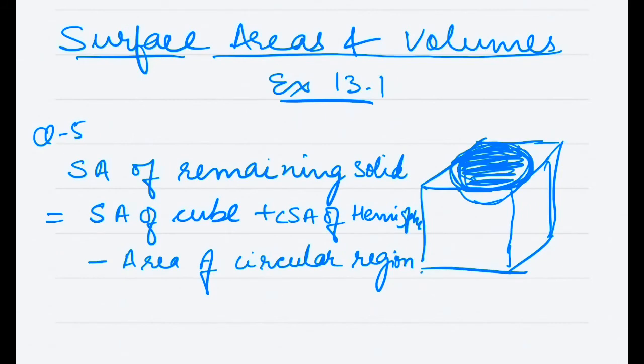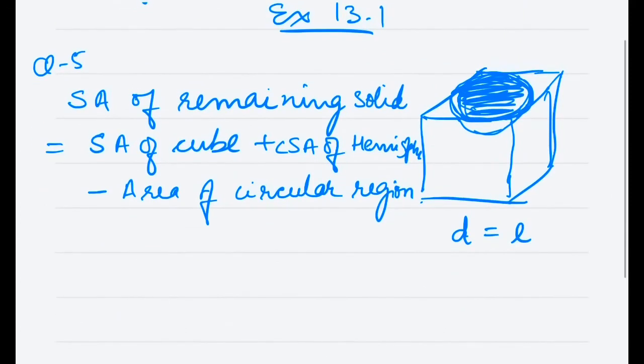Okay, so now we know that diameter is equal to L, and the edge or side of the cube is also equal to L. So I'll now write down the surface area of the cube formula.